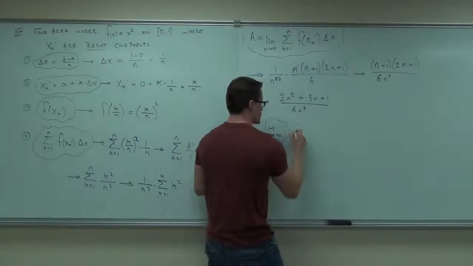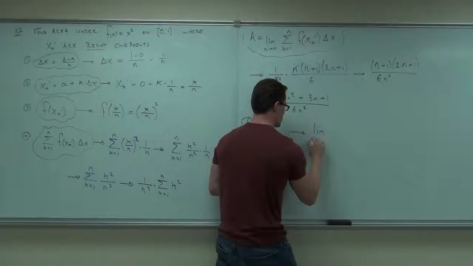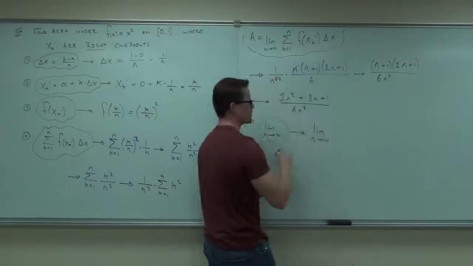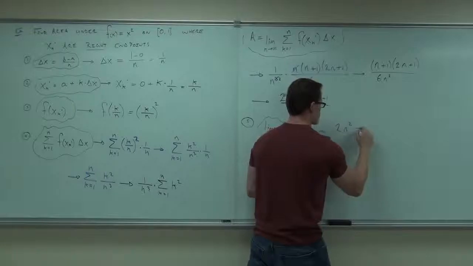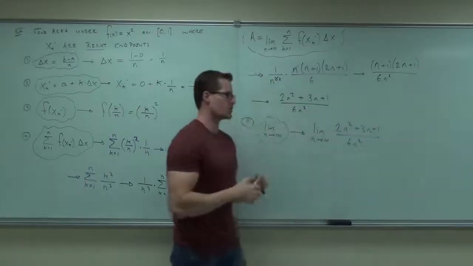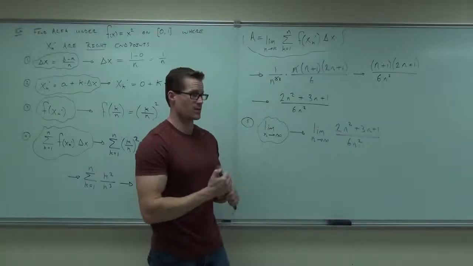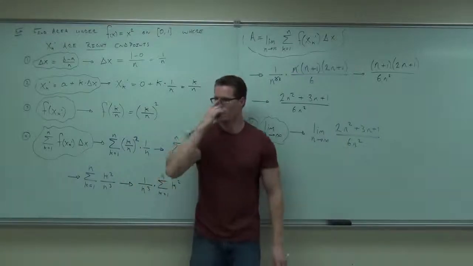So we'll take a limit as n goes to infinity, and if you remember anything about limits, which is why we did this just a little while ago, 2n squared plus 3n plus 1 over 6n squared. Some of these basic polynomial types are very easy to find a limit of. When we go n to infinity, what do we do?